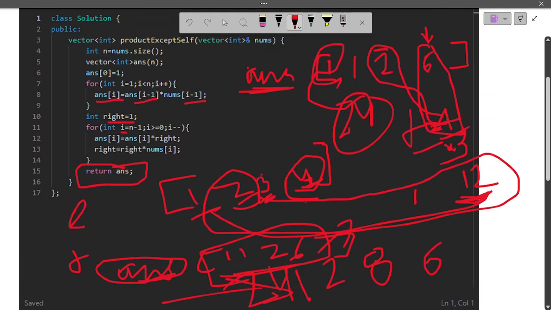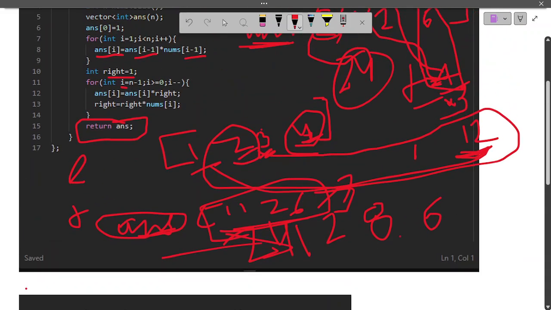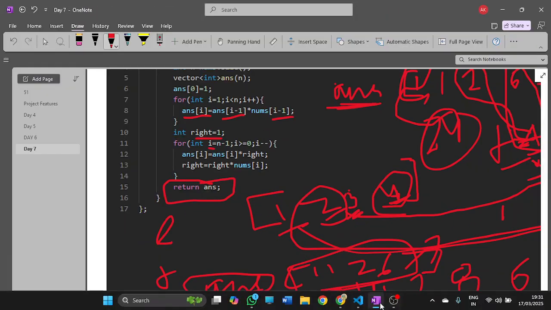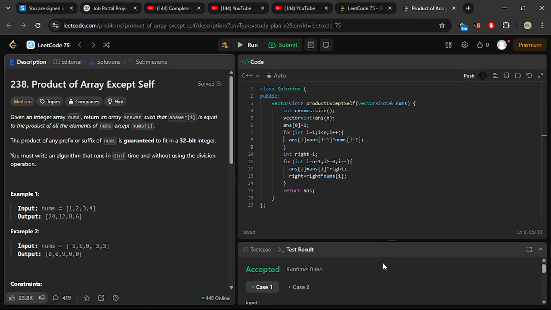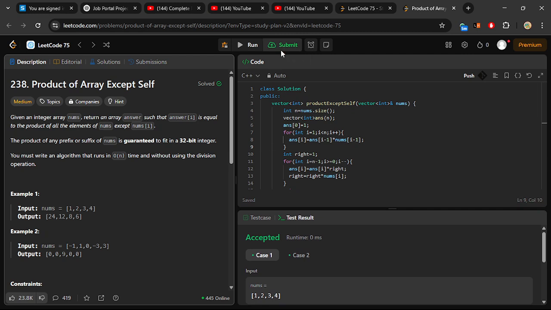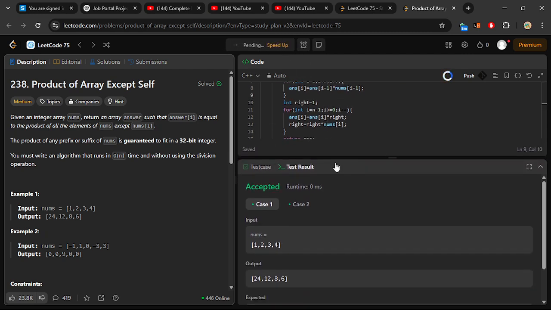Okay, so after that you will get your desired result. Let me show you while running. I exactly solved it for you guys. I submitted it and it actually runs completely fine.